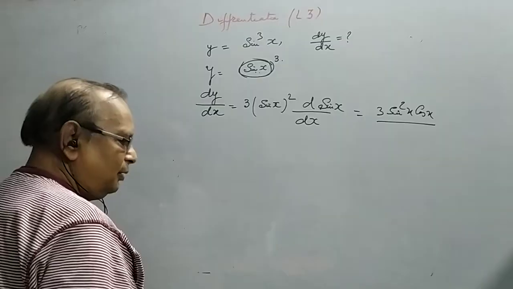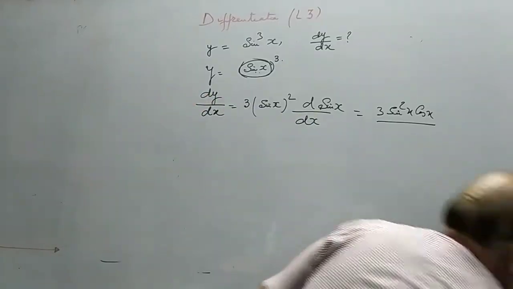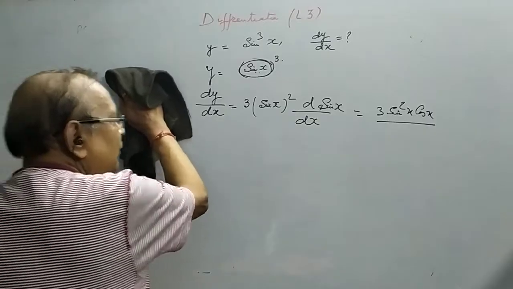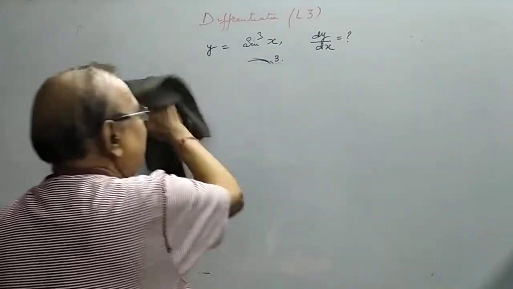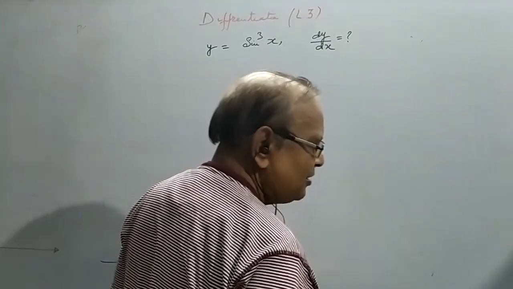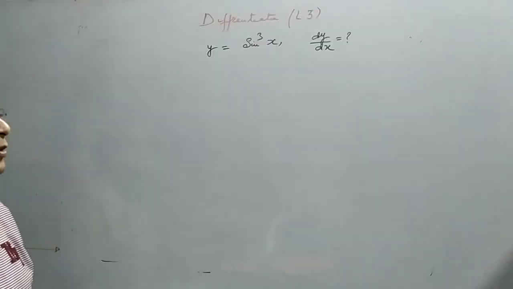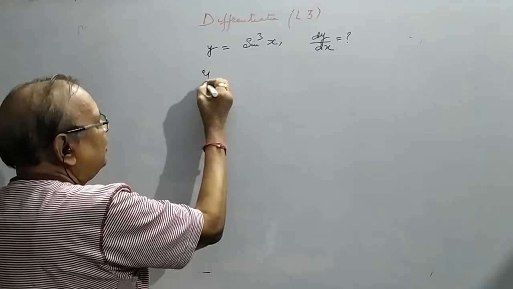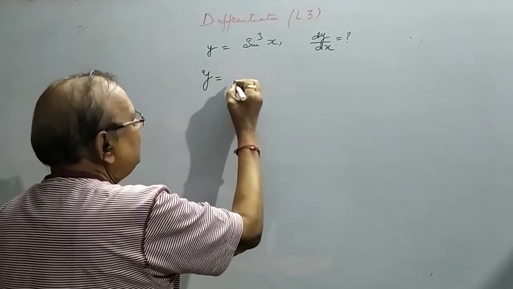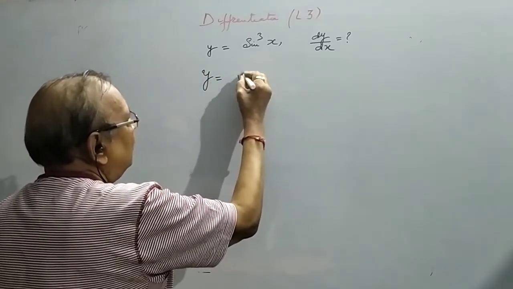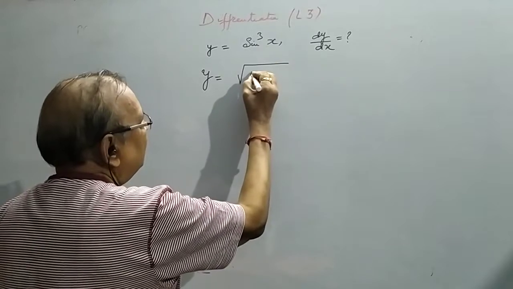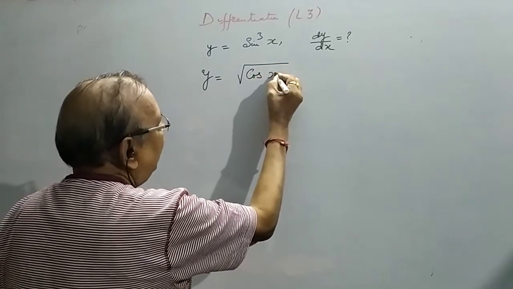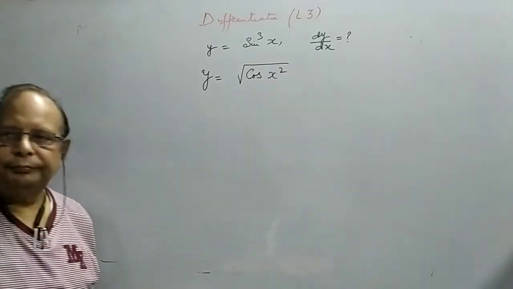So we can do differentiation without spending time as well as space. Again, we consider y is equal to under root cos x square.